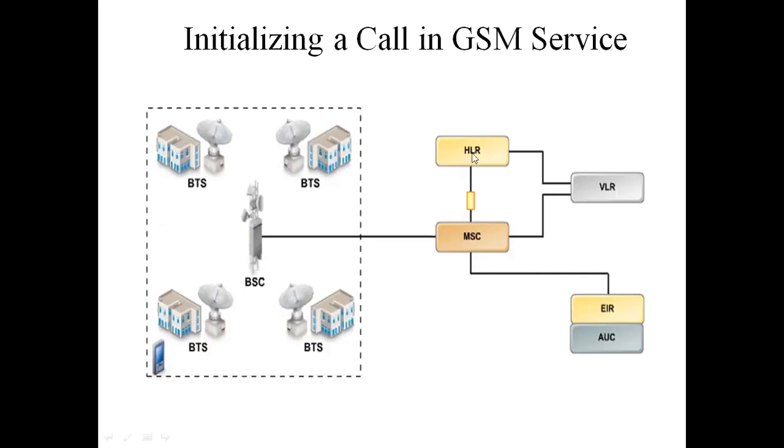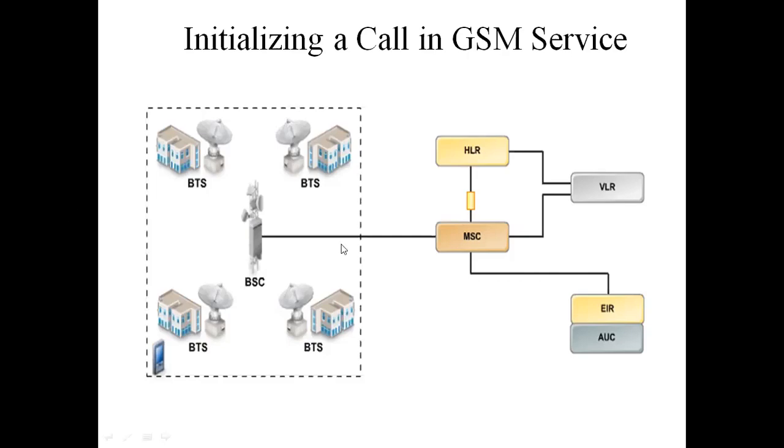This phenomenon is already covered in the previous classes. After this process is completed, the cell phone is ready to receive or make a call. So this is the initialization process of a cell phone in the GSM service.